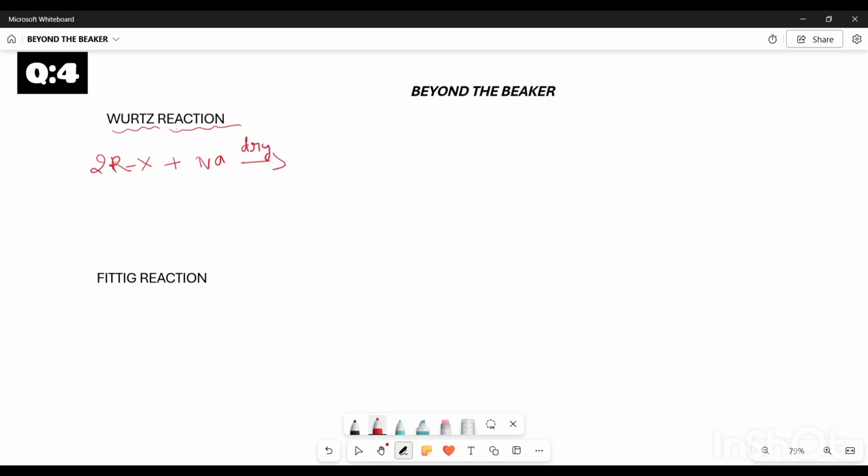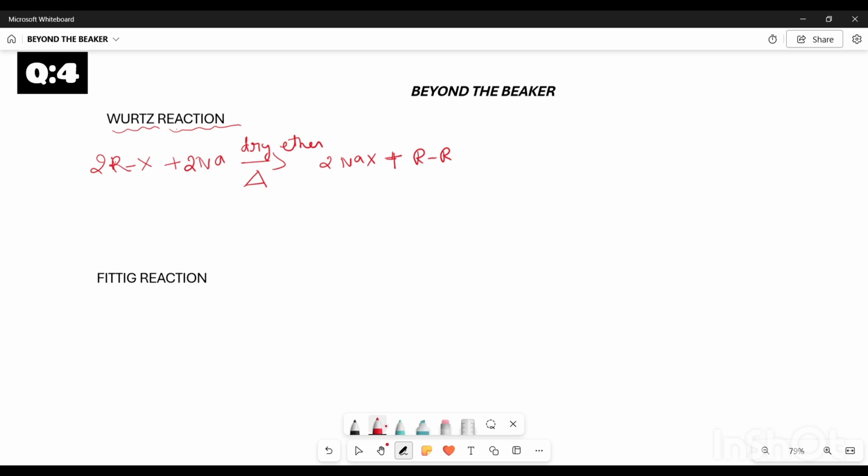When alkyl halides are heated with metallic sodium in presence of dry ether, I get higher alkanes. This reaction is called Wurtz reaction.